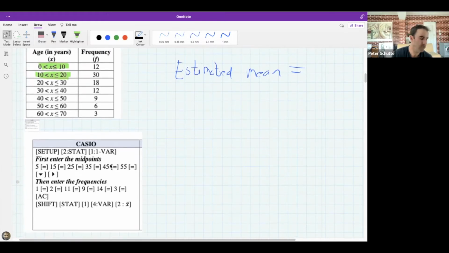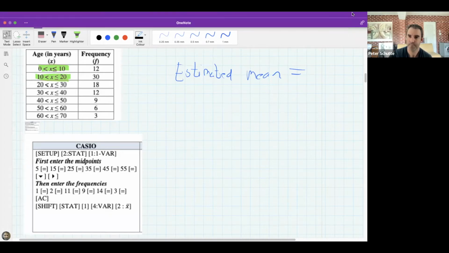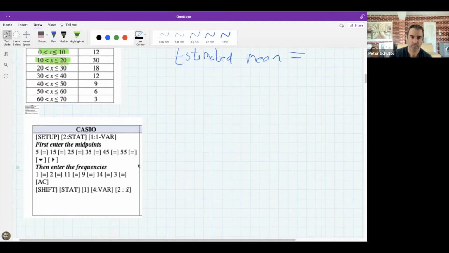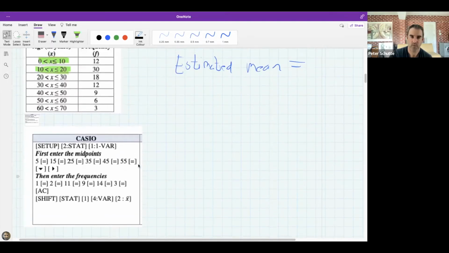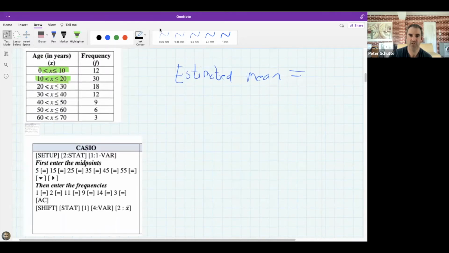So the good news is once you've got the skill, it's a piece of cake, but you do need to take a bit of time to get used to how to punch it in your calculator. If there are any questions, you can raise your hand and I'll help you where I can.